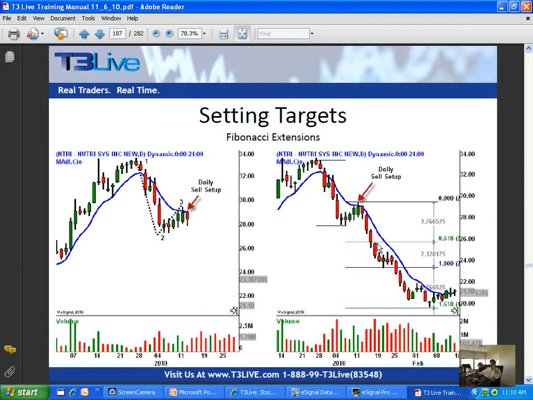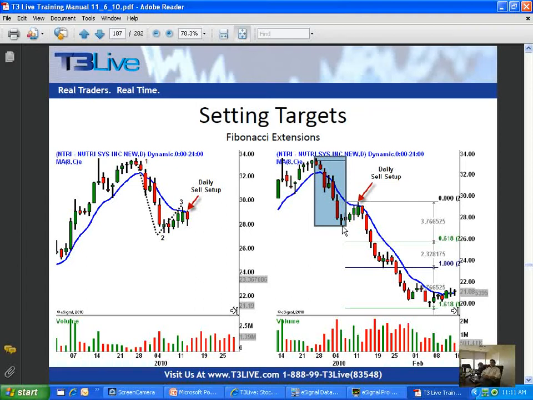These extension levels are basically predetermined measured distances based off of this first move down. Just like a Fibonacci retracement, it's an extension. Instead of us saying, how far back is it going to go? What we're saying is, how far forward is this going to go?